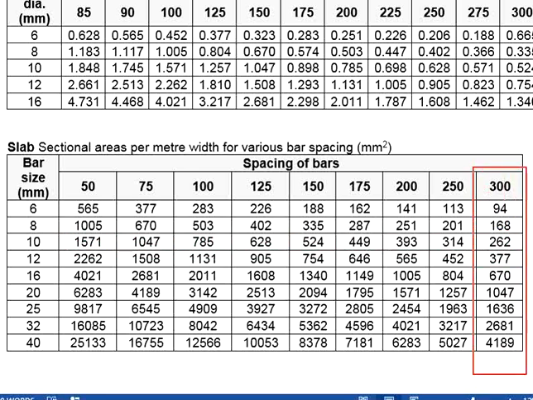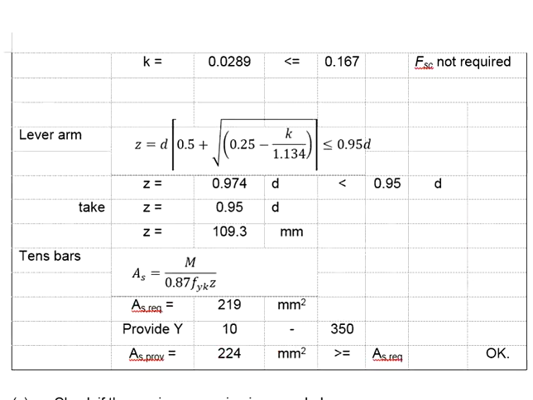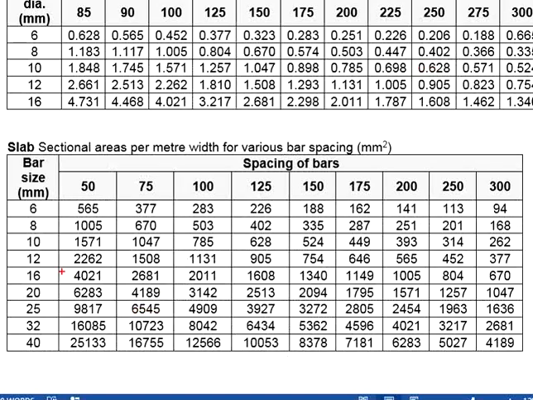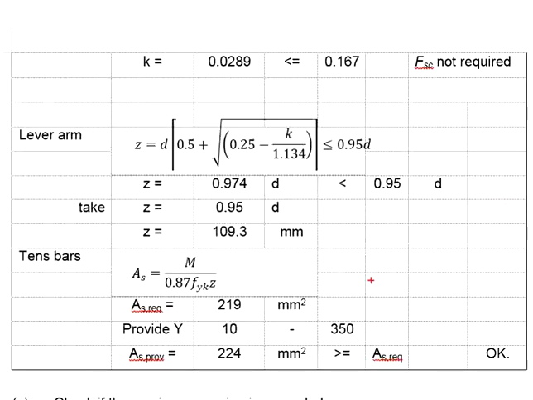Decide an appropriate spacing where the amount of reinforcement provided is greater than the amount required. You can provide H10 300 that gives you 262 mm square reinforcement area, since the table ends at the spacing of 300. Or actually you can try 350. The area of the reinforcement equals 224 mm square, which is greater than 219 mm square.